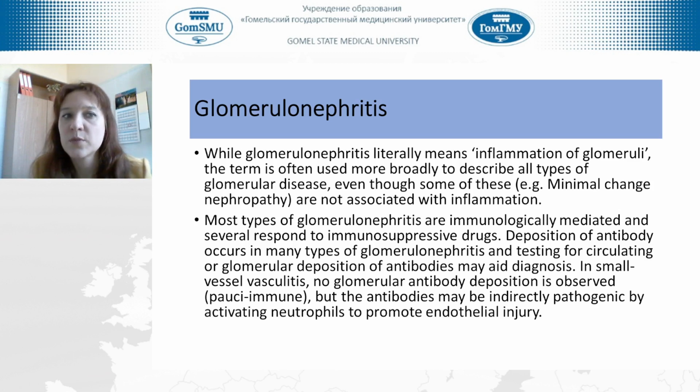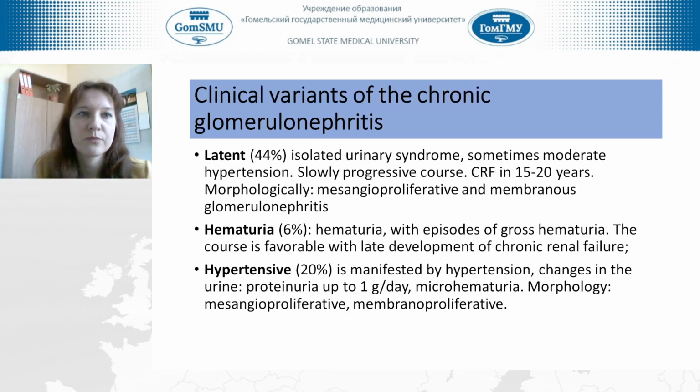A deposition of antibodies occurs in many types of glomerulonephritis, and testing for circulating or glomerular deposition of antibodies may aid diagnosis. In small vessel vasculitis, no glomerular antibody deposit is observed, but the antibodies may be indirectly pathogenic by activation of neutrophils to promote glomerular injury.